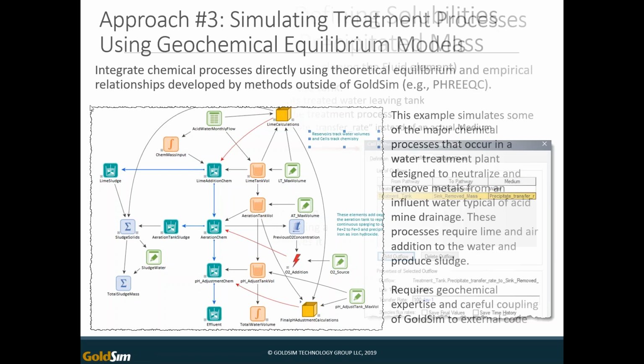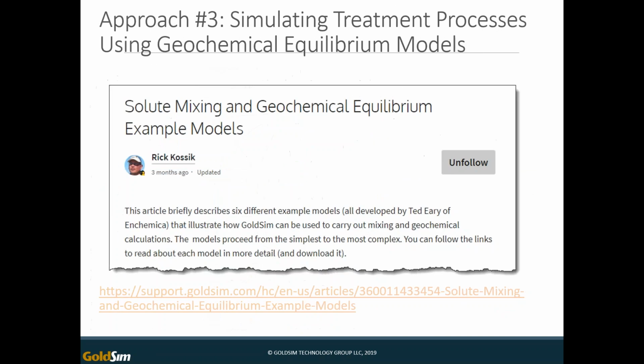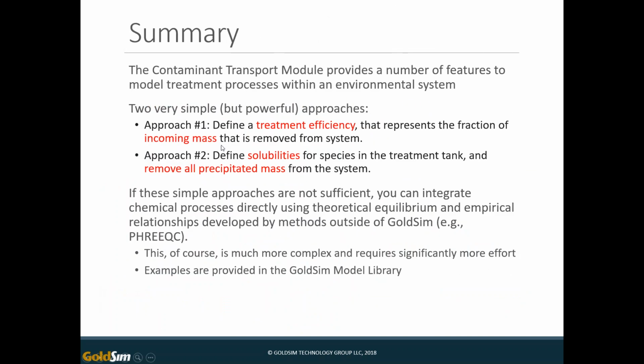So the idea is, can we get away with a simple approach, a treatment efficiency or a very simple solubility, or do we need to go to the more complicated approach to model this treatment process? That's the question you need to ask you and your colleagues as you're approaching these problems.